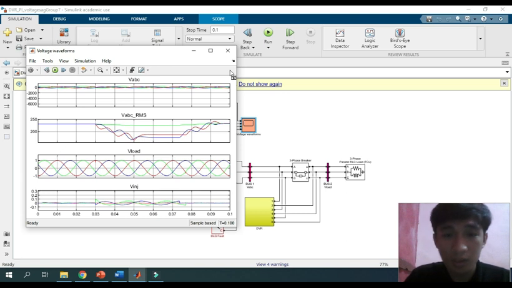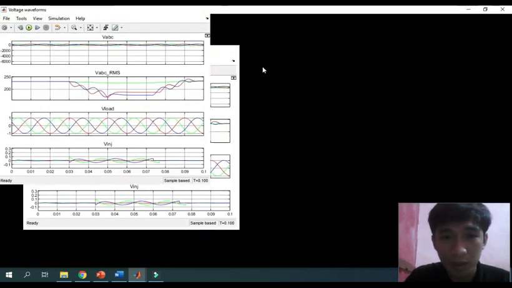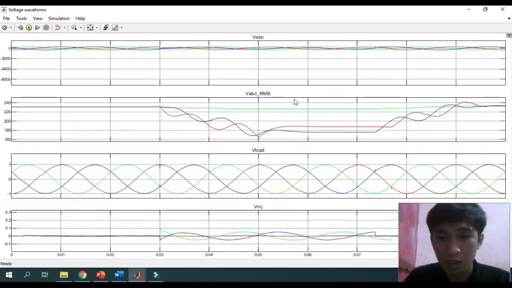Okay, so this is the result of the voltage waveform at the mitigation part. Since this is the mitigation part where we apply the DVR, the sag seems to be at 0.03 to 0.08.